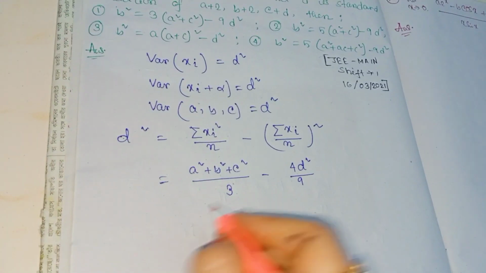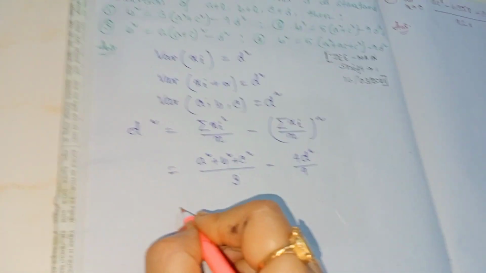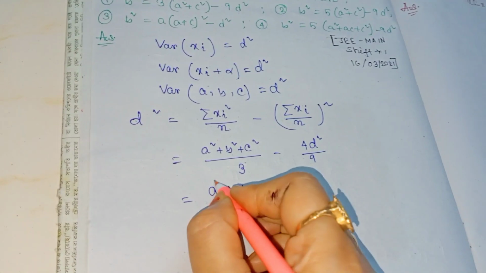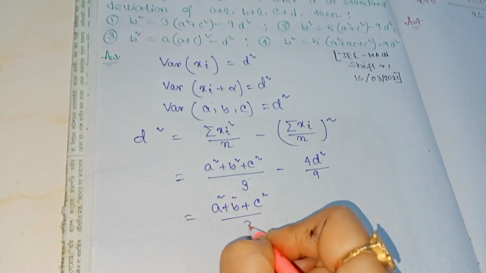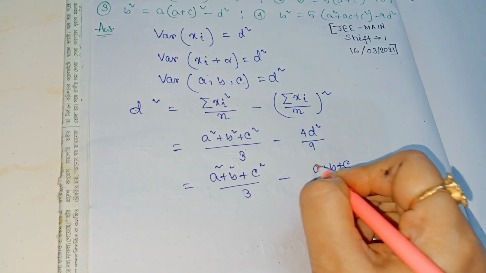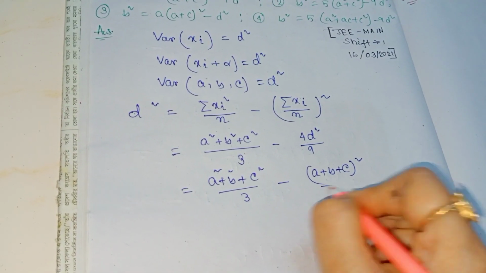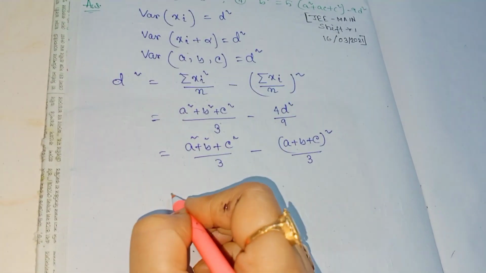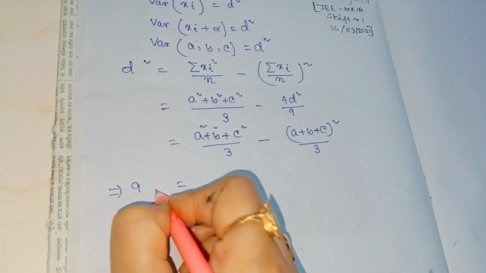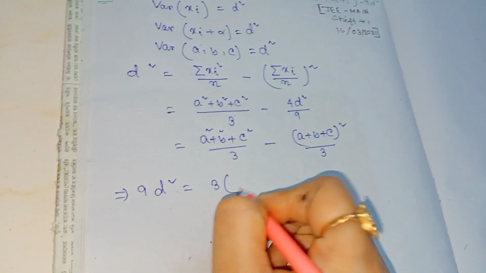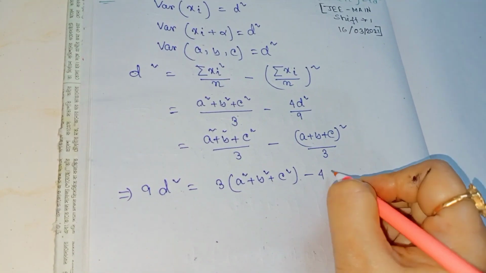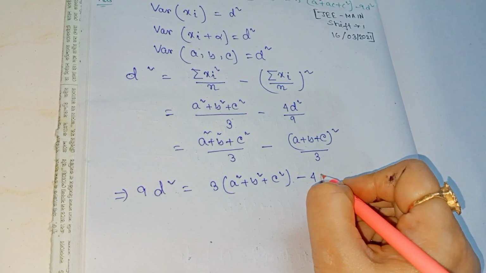So calculating, replacing this, we get (a squared plus b squared plus c squared) divided by 3 minus ((a plus b plus c) whole squared) by 3. So here we get 9d squared is equal to thrice (a squared plus b squared plus c squared) minus 4 b squared.